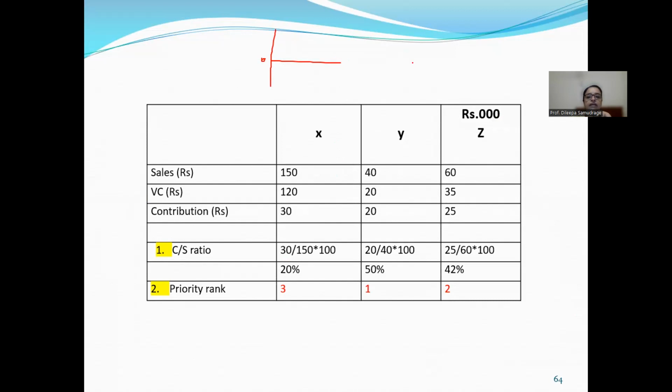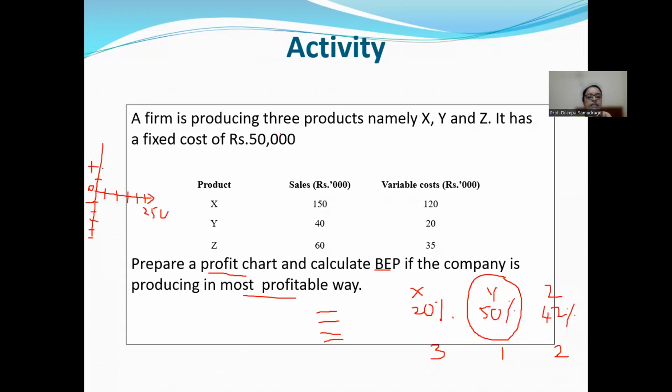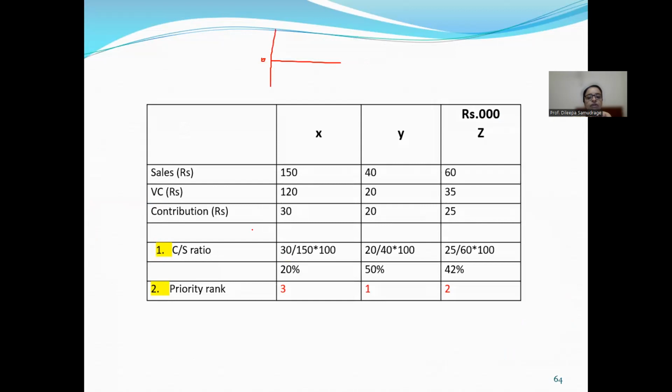Yes, correct. So here it says your fixed cost is 50,000. So that means, even though you don't sell any unit, you have to incur that fixed cost. So that is your loss, right? Fixed cost equals to loss.